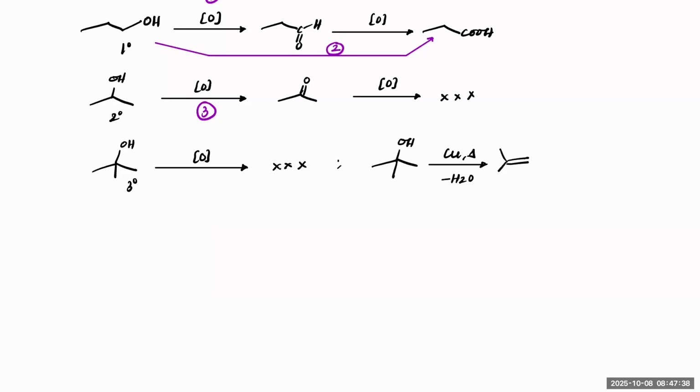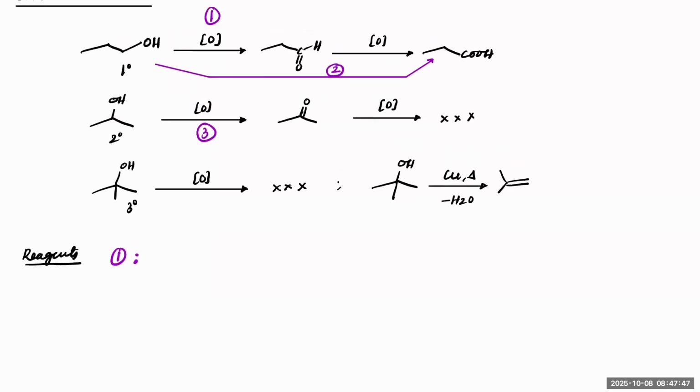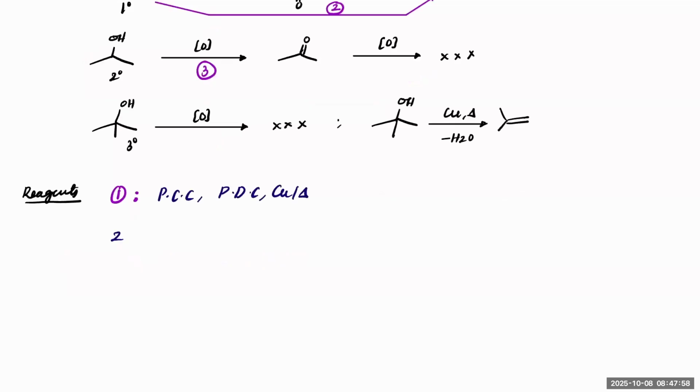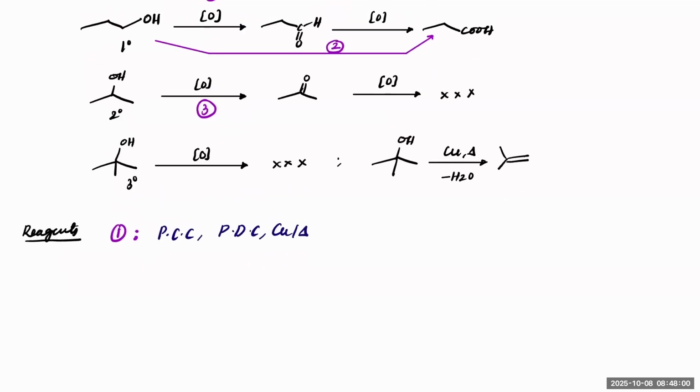If you notice the reagents here, for the first kind, where it will only end up at aldehydes, that includes PCC, PDC, copper and heat. These are going to be stopping only at aldehydes. Clear? And third also it is the same thing. Sorry, second kind. If you notice, second kind will be KMnO4.